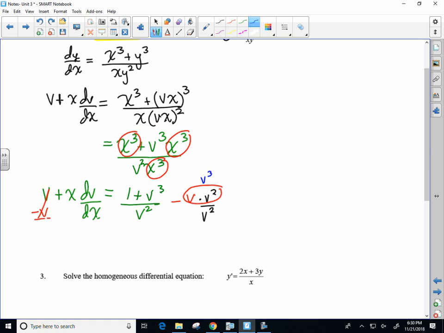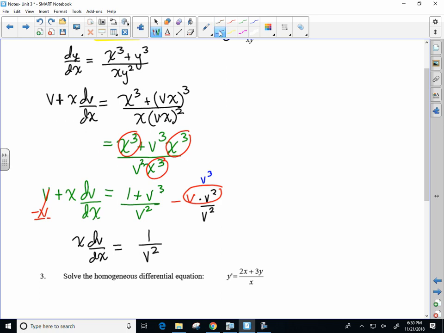I mean, that's beautiful. Because now we have x dv/dx on the left-hand side, and just a 1 over v squared on the right-hand side. All right, the pre-calc is going to make our calc a lot easier.